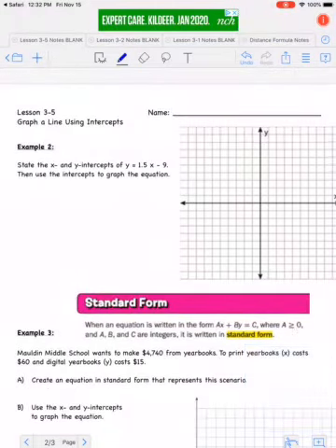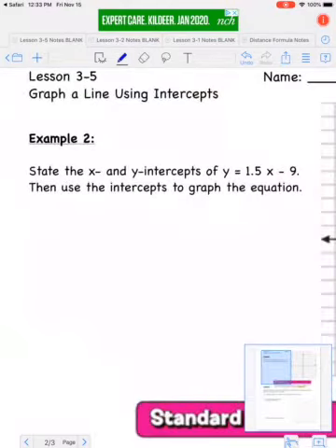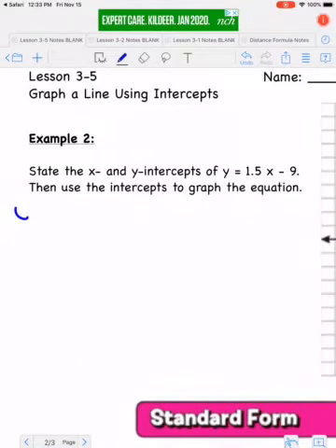Okay, example 2, you want to state the x and y intercepts of y equals 1.5x minus 9. Then you want to use the intercepts to graph the equation. So we're first going to find where it crosses the y-axis.